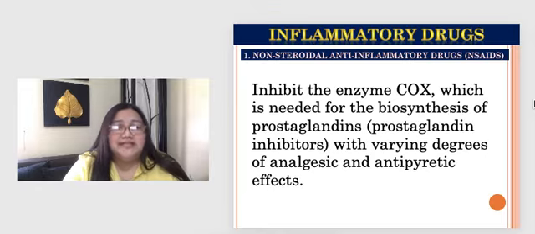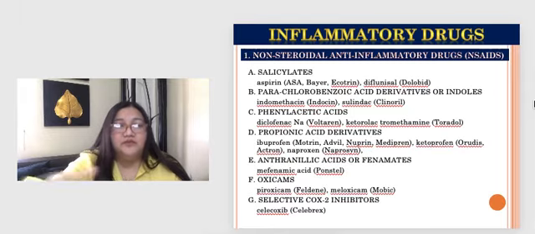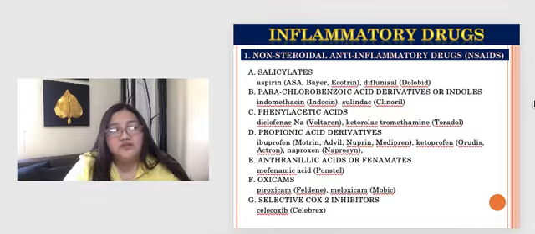Merong dalawang klase ng COX, COX-1 and COX-2. Si COX-1, it protects the stomach lining and regulates blood platelets. Pero yung COX-2, it's the one triggering inflammation and pain. There are 7 general groups of NSAIDs.